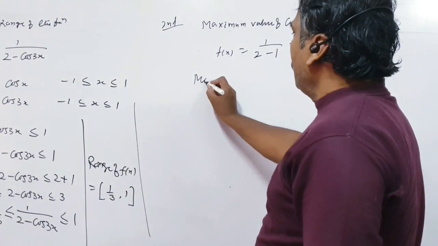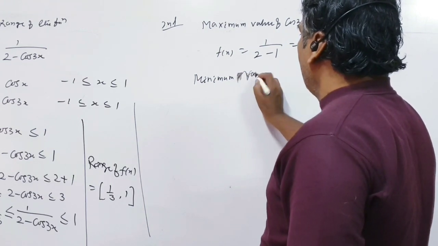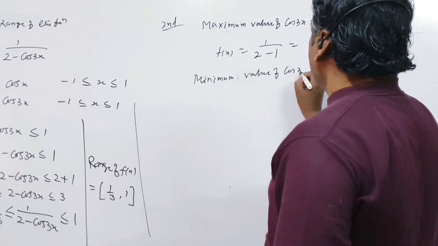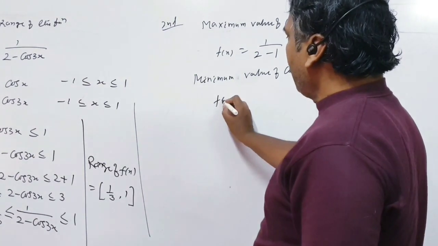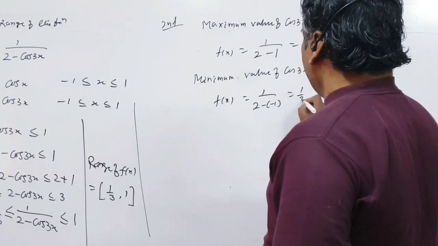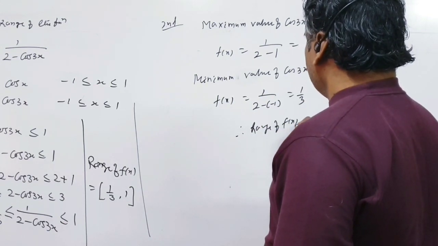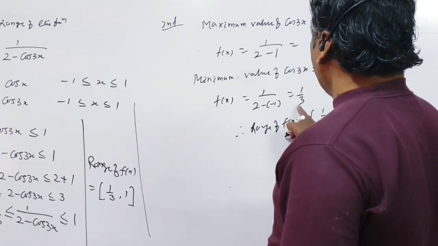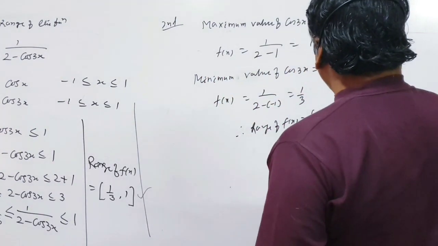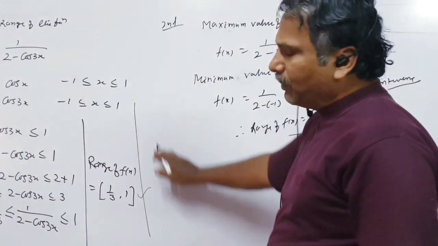What is the minimum value of cos 3x? It is minus 1. So f of x equals 1 by 2 minus of minus 1, which is 1 by 3. Therefore the range of f of x has minimum 1 by 3 and maximum 1. The same answer.